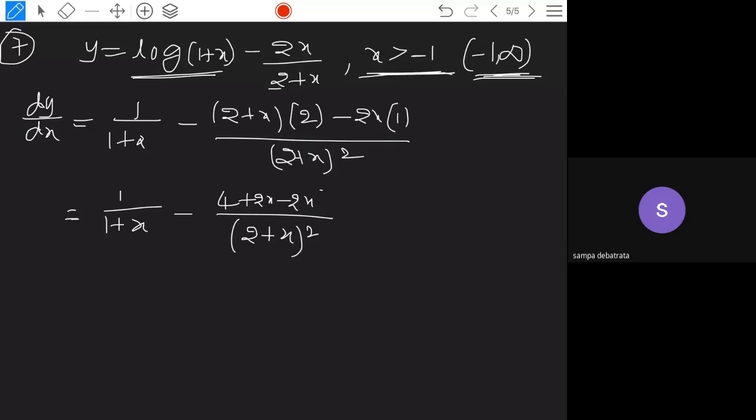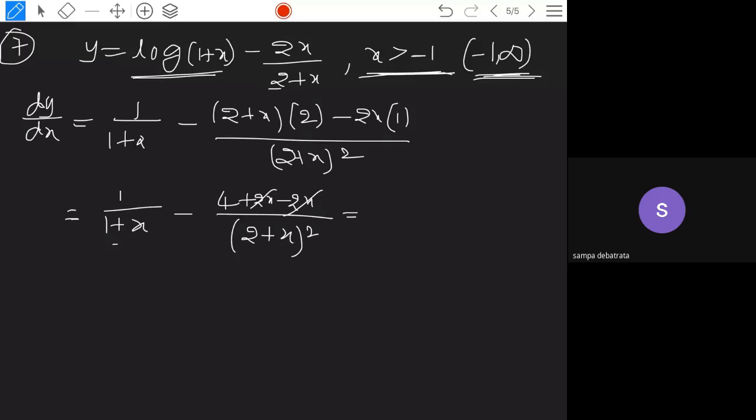So 2x and 2x will get cancelled. Simplify this one here. You can simplify, otherwise you can do it another way also. This is individually greater than 0.